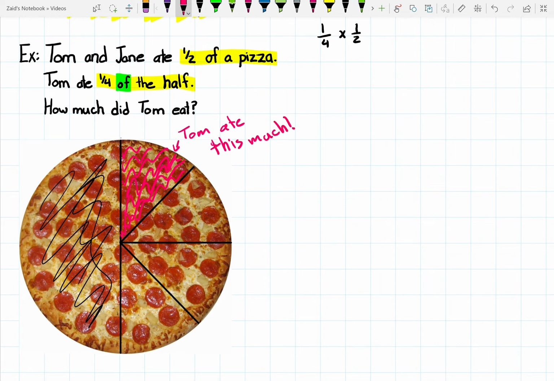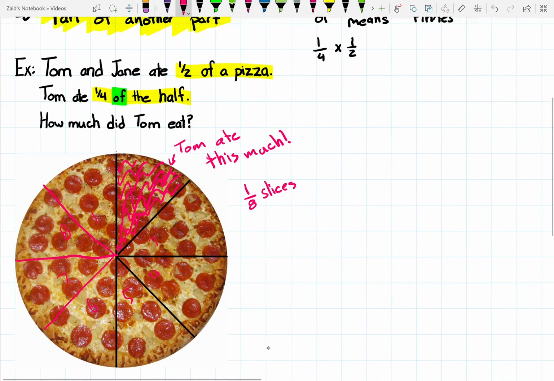Now, how can I show that numerically? Well, if I extend this line and this line, I can see that it's 1, 2, 3, 4, 5, 6, 7, 8 slices. So I could say that he ate 1 out of 8 slices.